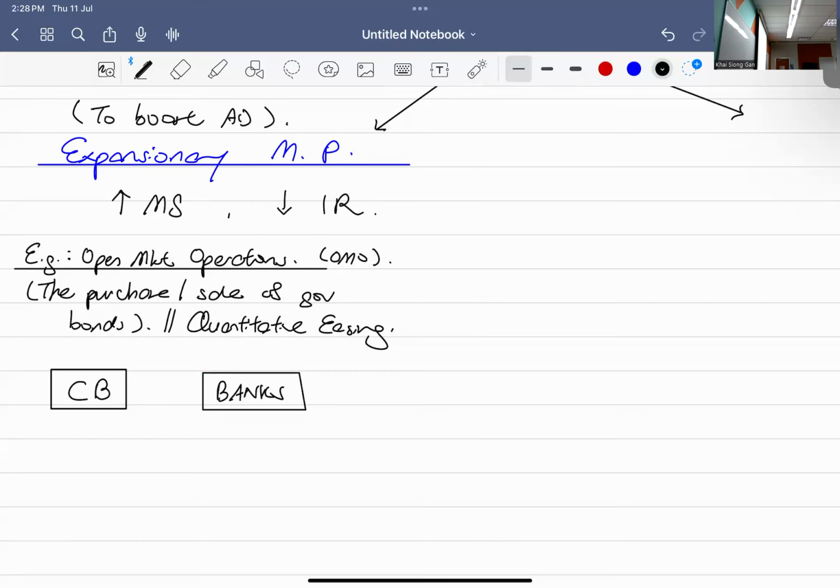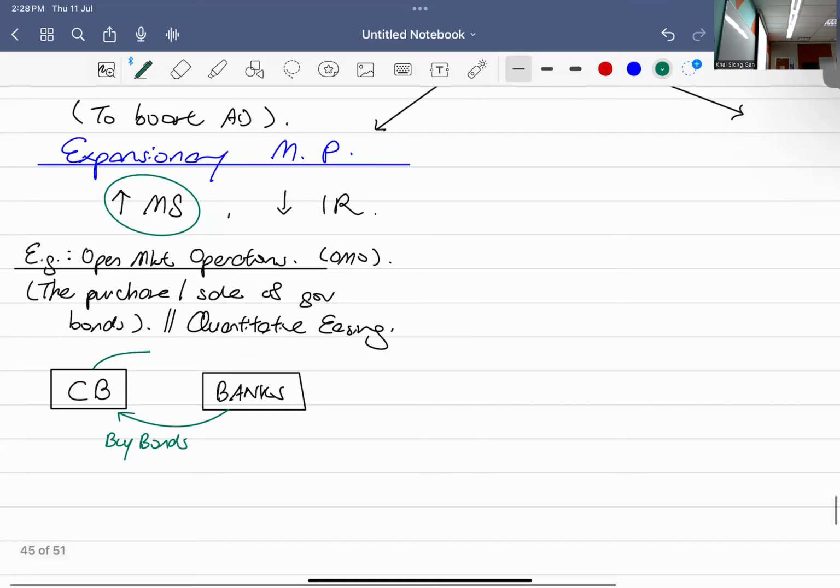So let's say now the central bank would like to increase money supply. So what should the central bank do then? The central bank can buy bonds from banks.